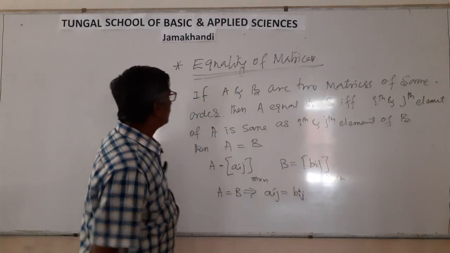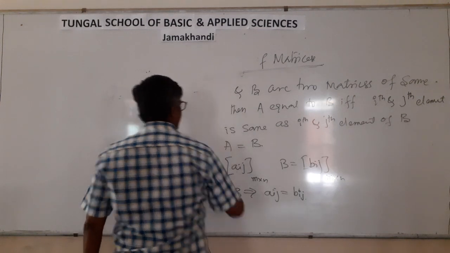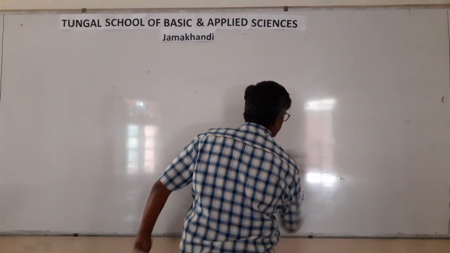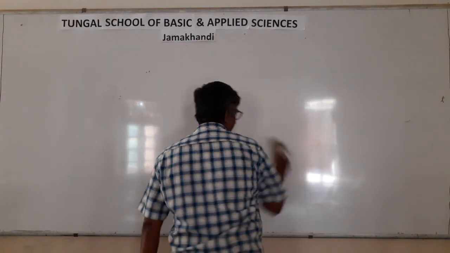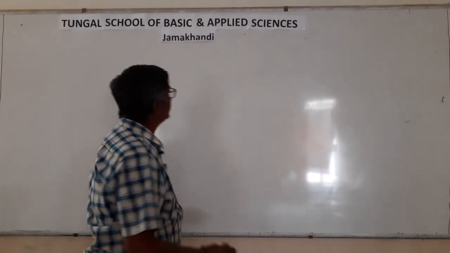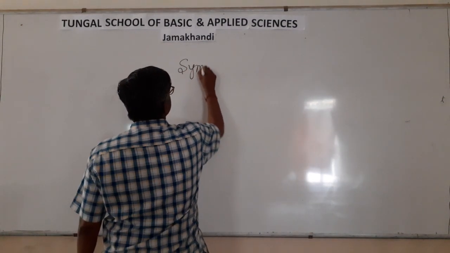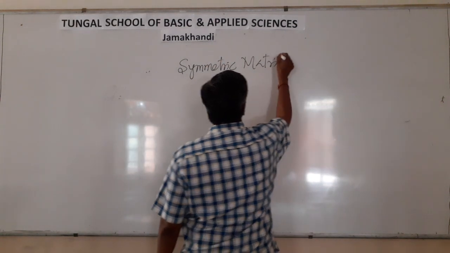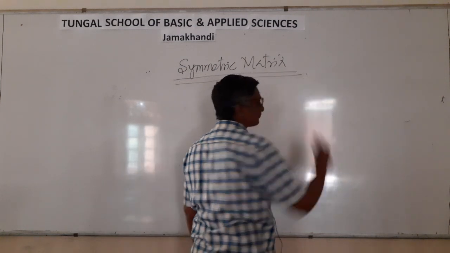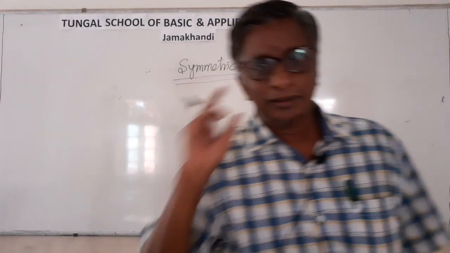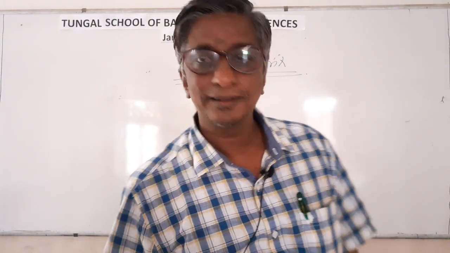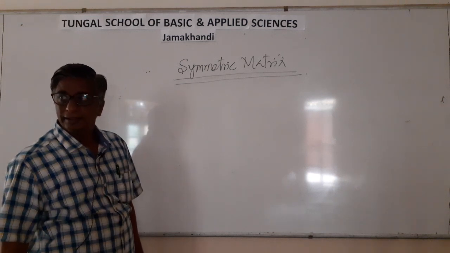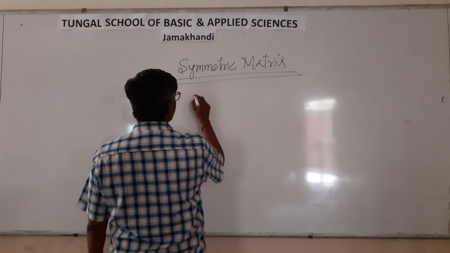And one more very important point I am discussing today, that is symmetric matrix. What is that? Symmetric. Anybody? Symmetric means A is a square matrix.